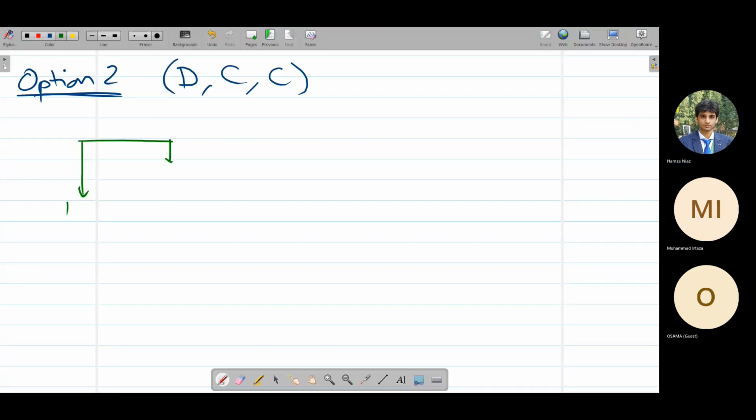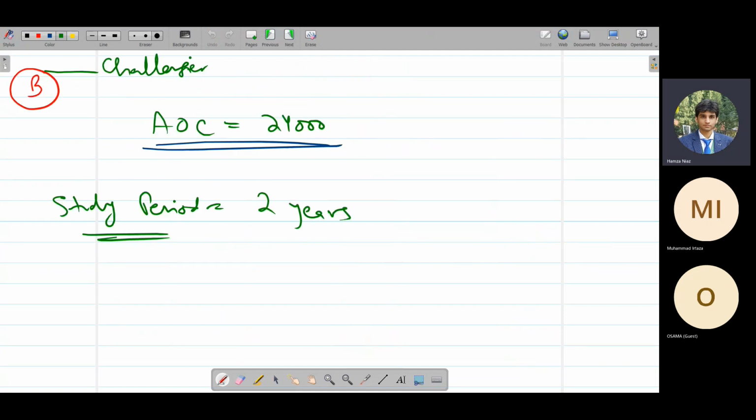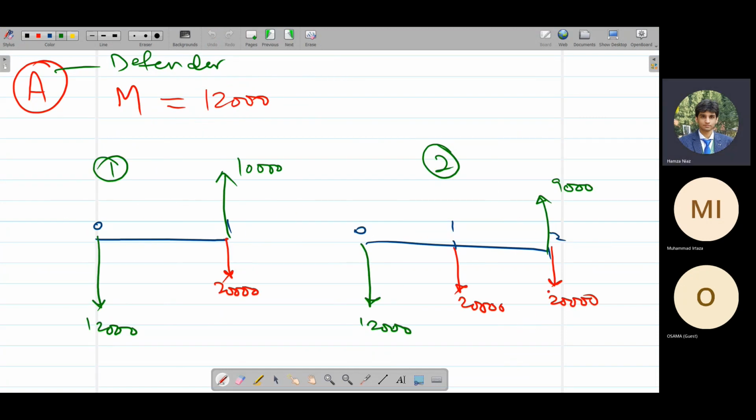So actually we have drawn this here, this first diagram. So you can simply find its annual operating cost here. The annual operating cost of 1 year would be minus 20,000, minus 12,000. We need to find A, and we are given C.